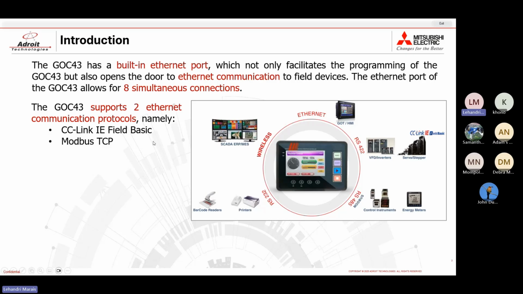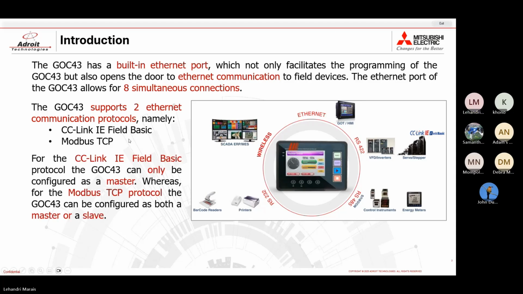Now, the Ethernet port allows for up to 8 simultaneous connections, so you're able to add up to 8 devices on the Ethernet port. For your CC-Link IE Field Basic protocol, the GOC can only be configured as a master, whereas for your Modbus TCP protocol, it can be configured both as a master or a slave.